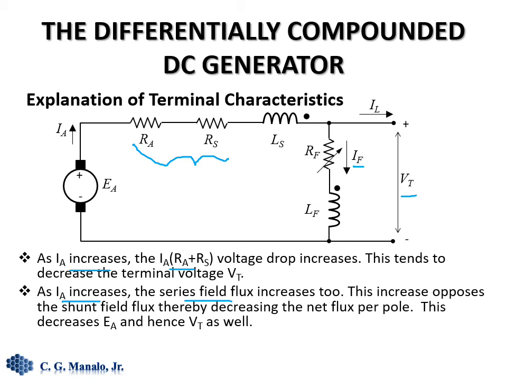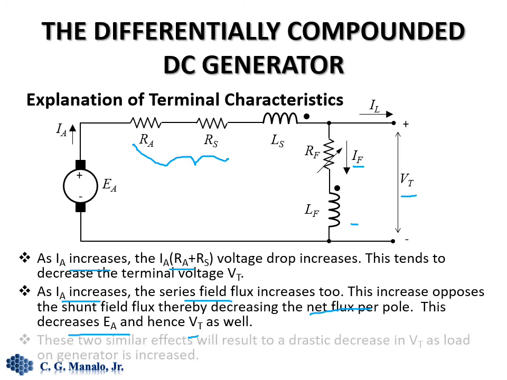So an increasing series field, since it opposes the field produced by the shunt, will produce a lower net flux on the poles, and this will greatly decrease E sub A and therefore V sub T as well.